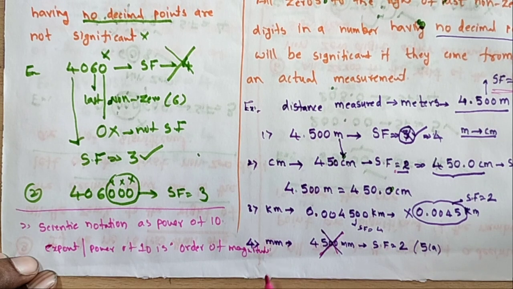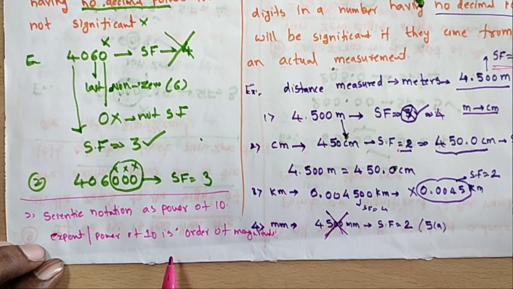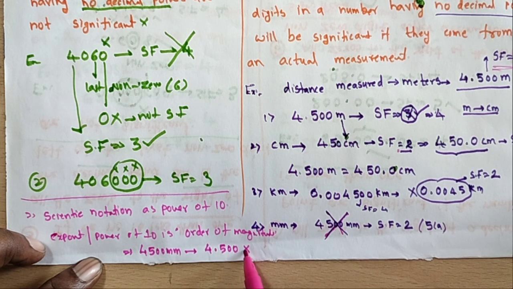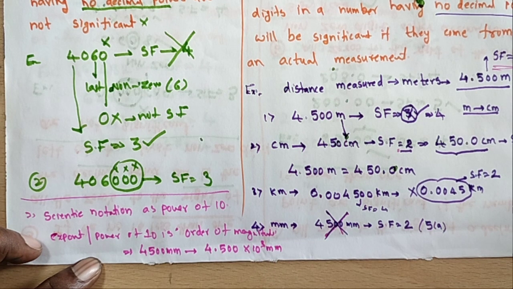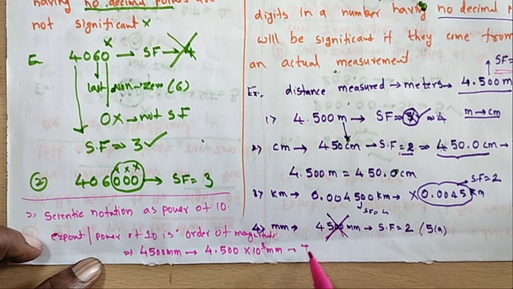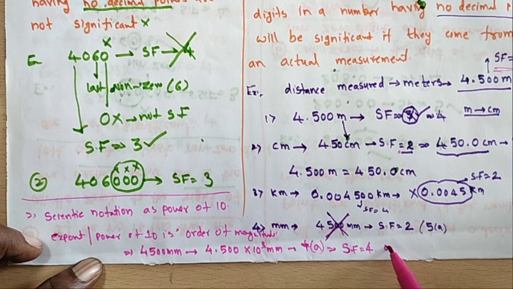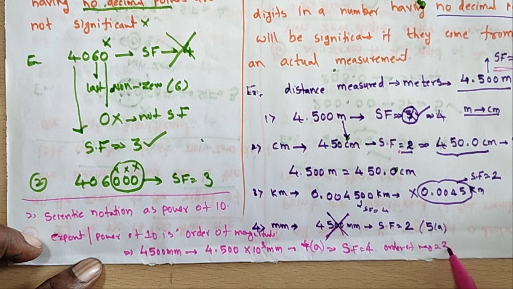So in this one, listen, 4500 millimeters is written as 4.500 into 10 cube millimeters, by rule number 4a. What is the significant figure? The significant figure is 4. So what is the order of magnitude? The order of magnitude is equal to 3.